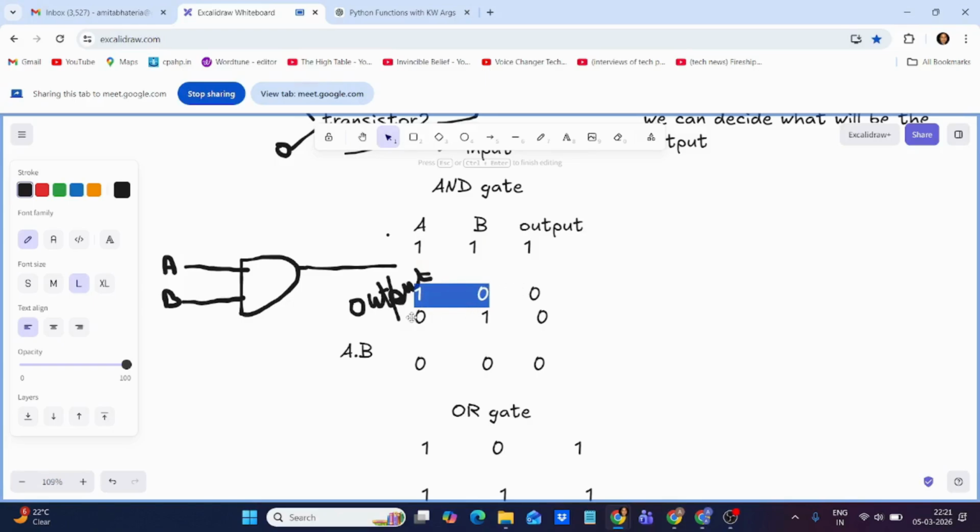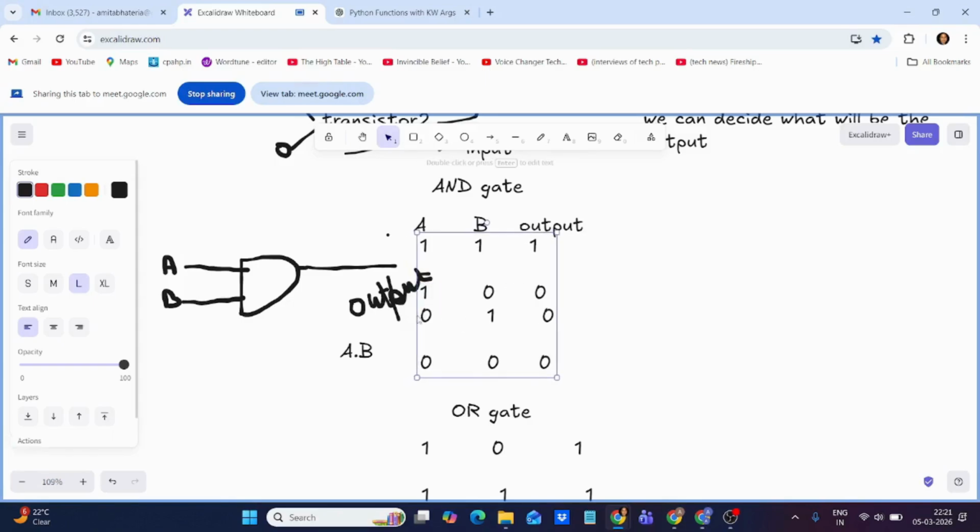And if A is 0, B is 1, what will be the output? 0. And similarly 0 into 0 is equal to 0. So this is the easiest way to calculate the AND gate. We just write down A dot B, where dot means into. So A into B is the formula to calculate the AND gate.